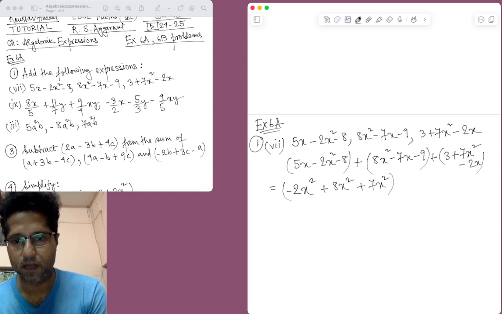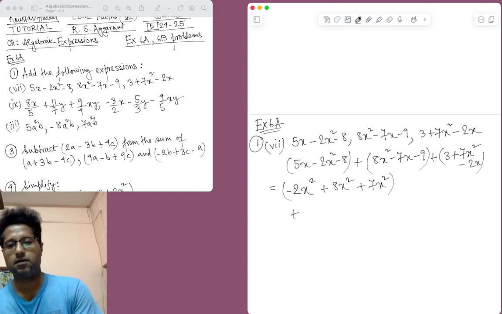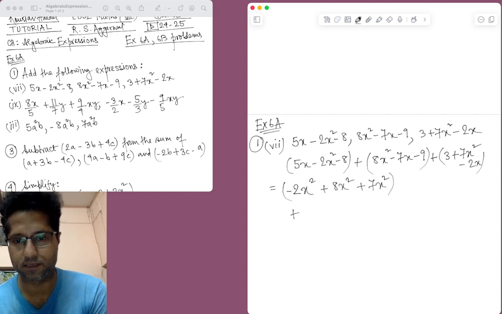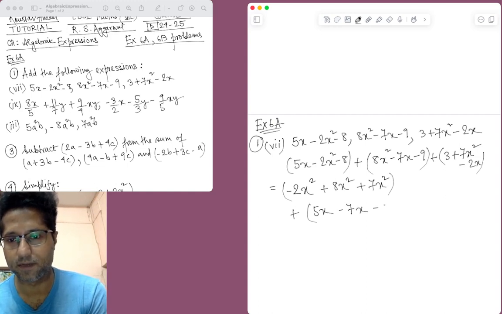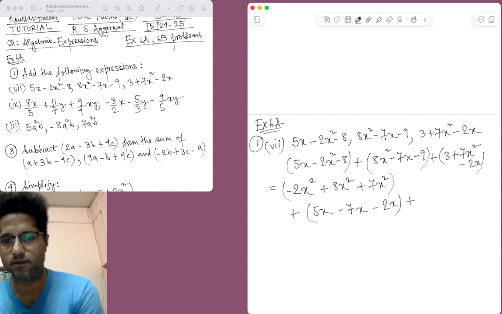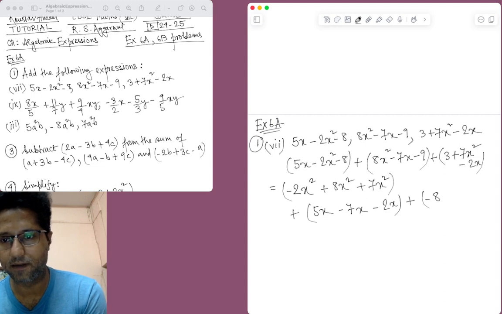Okay, now let's add the like terms where the literal coefficient is x. So from the first expression I get 5x, from the second expression I get minus 7x, and from the third expression I get minus 2x. Similarly, we collect all the constant terms from all the expressions and we get minus 8, minus 9 and plus 3.